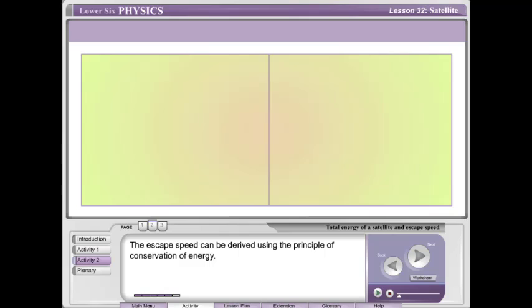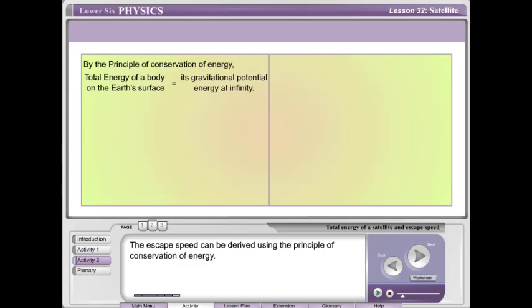The escape speed can be derived using the principle of conservation of energy. By the principle of conservation of energy, total energy of a body on the Earth's surface equals its energy at infinity. At infinity, R equals infinity.